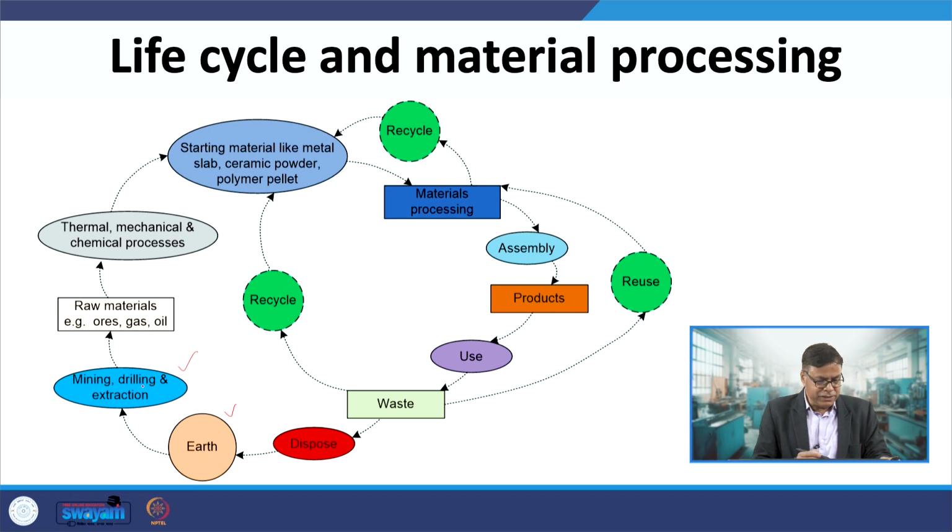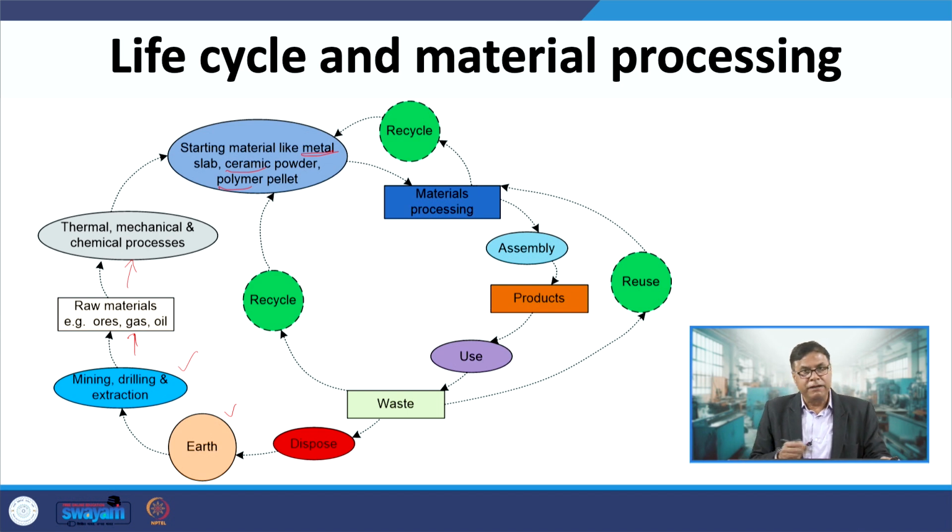Raw material in the form of ores, crude oil, gases etc. are extracted, and then through thermal, mechanical and chemical processes, the minerals, ores, gases and oil are processed to get the starting material. This starting material may be in the form of metals, ceramic materials or polymers. These are the three broad categories of materials which are processed to make a variety of products.